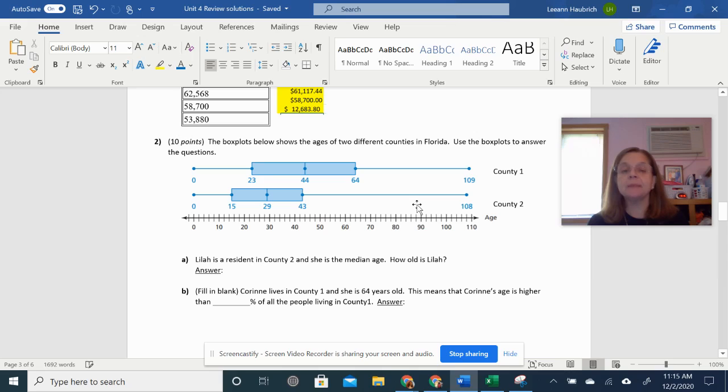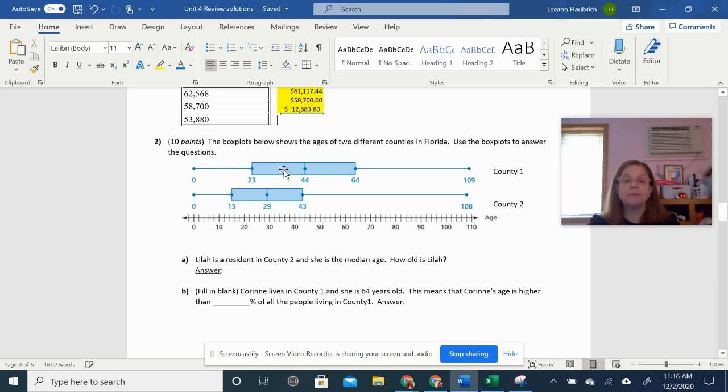That makes me think that on average, the people in County 1 are a bit older than the people in County 2, just because of the fact that 50% of County 1 is older than the last 25% of County 2.